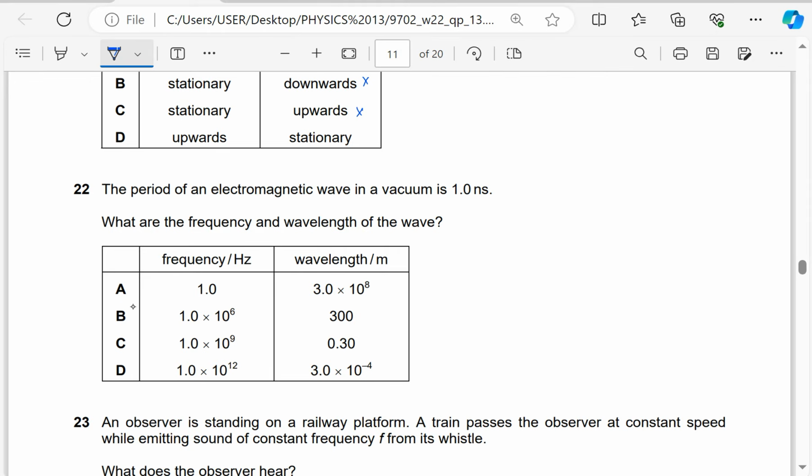The period of an electromagnetic wave in a vacuum is 1 nanosecond. What are the frequency and wavelength of the wave? So period is 1 nanosecond. We know frequency is equal to V over lambda, and it is electromagnetic, so it means we know the speed.